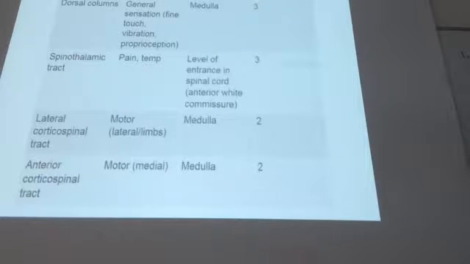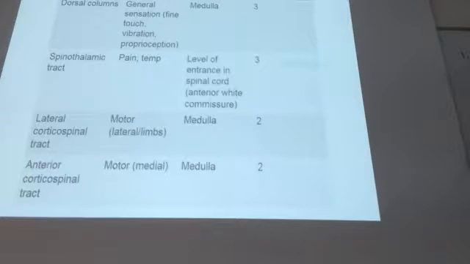And then for the corticospinal tract, it goes from the brain, from the cortex, and then descends. There's only going to be one synapse because it's only 2 neurons. Where's the synapse going to be? In the spinal cord. Where within the spinal cord? Within the ventral horns, in the gray matter.